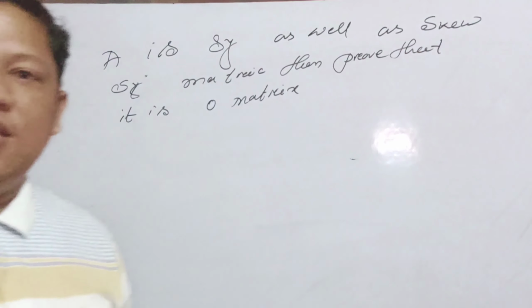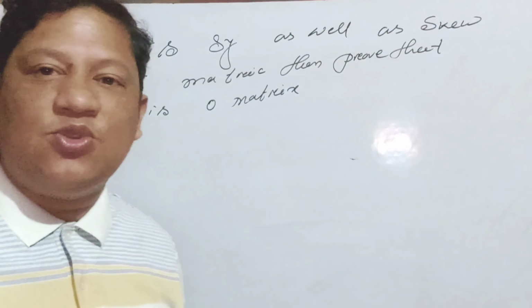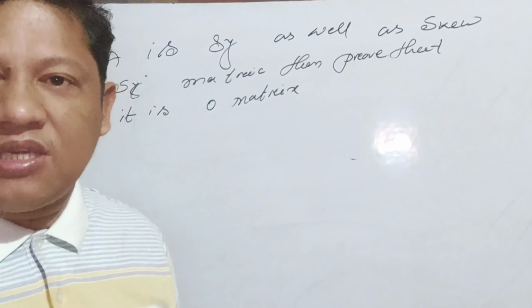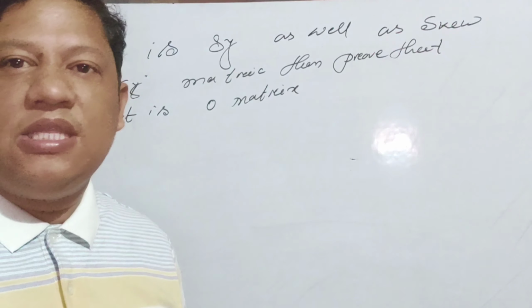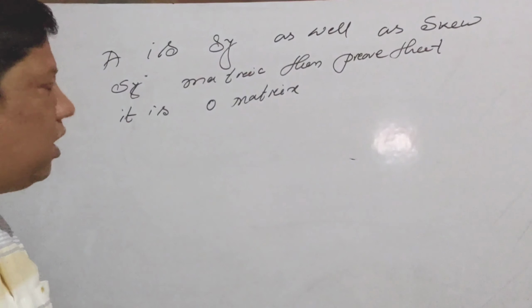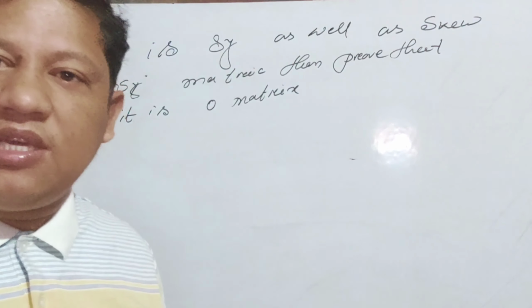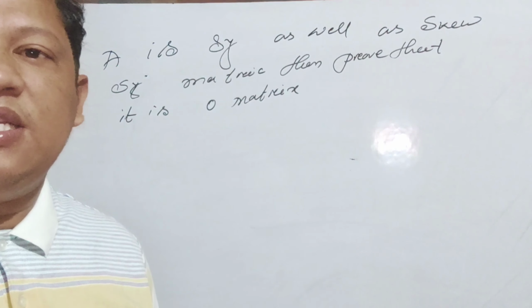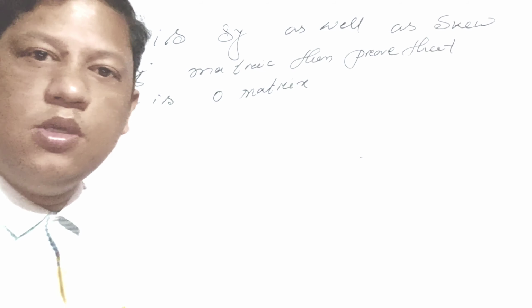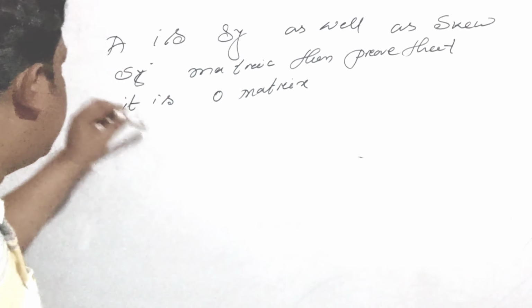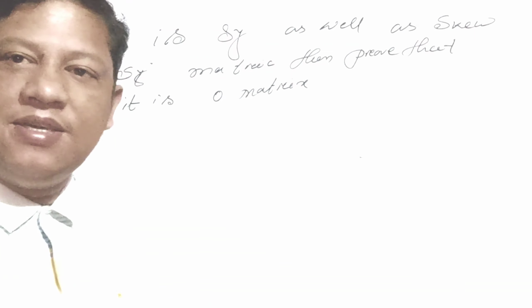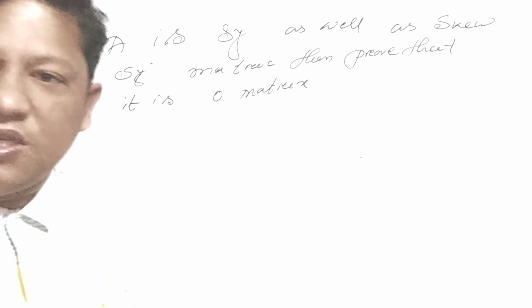So the question is given: if a matrix is symmetric as well as skew symmetric, then it is a zero matrix. So my students, look here. It is given that the matrix is symmetric as well as skew symmetric. You have to prove that it is a zero matrix.